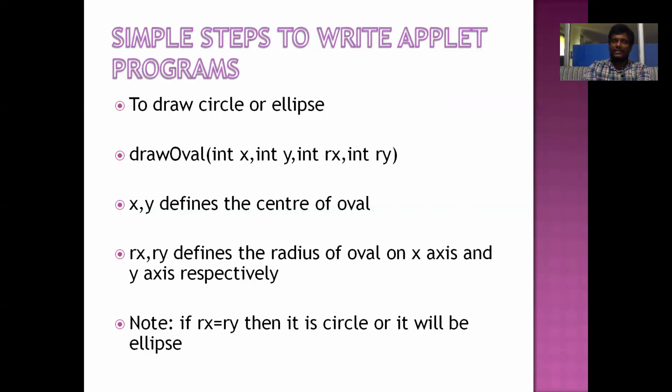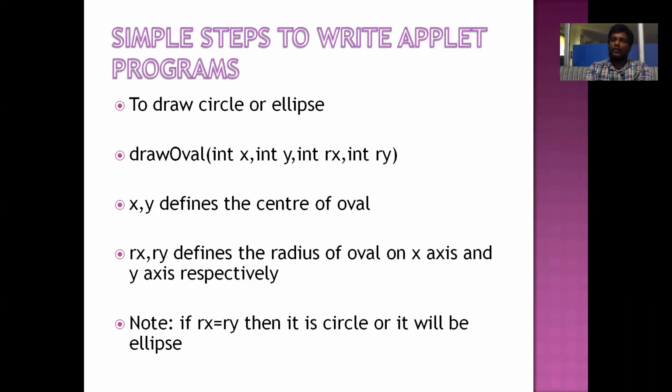If the radius on the x-axis and the radius on the y-axis are different, the drawOval method will display an ellipse on the applet. And we all know the basic 2 types of ellipse, major x-axis and major y-axis. If the radius of the x-axis is more, it will display a major x-axis ellipse, and similarly a major y-axis ellipse also. So drawOval is the method used to draw a circle or ellipse.